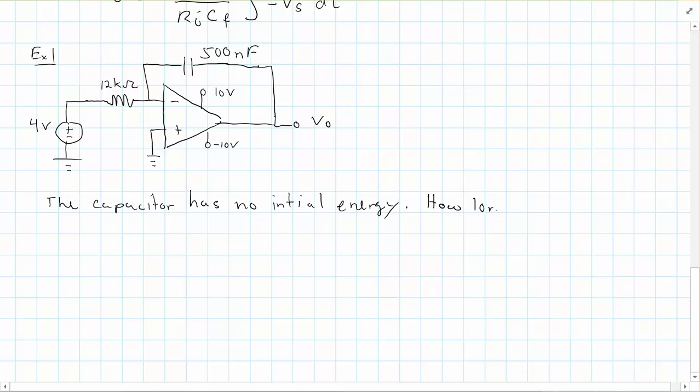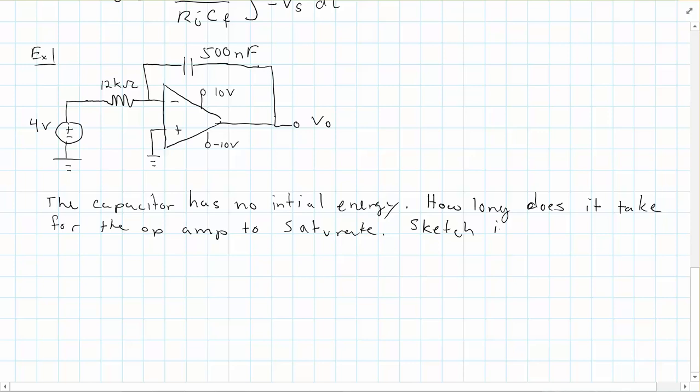How long does it take for the op amp to saturate? And then we're going to go to sketch, input, and output.